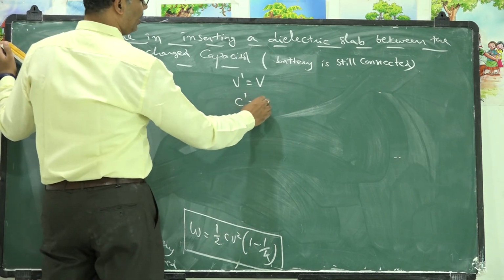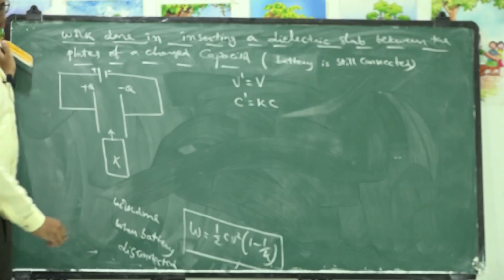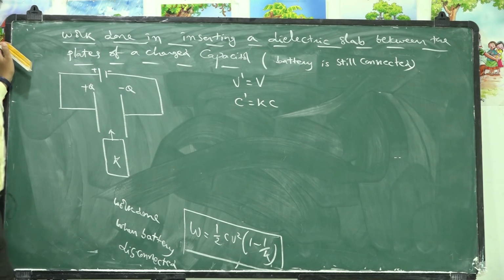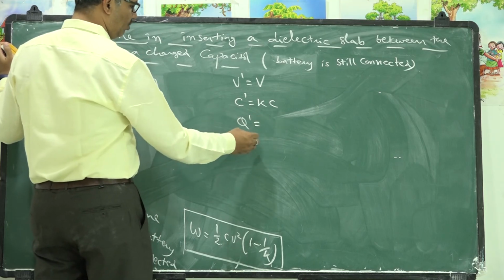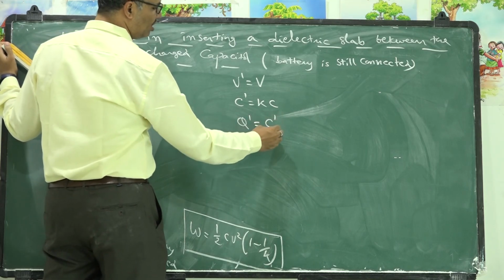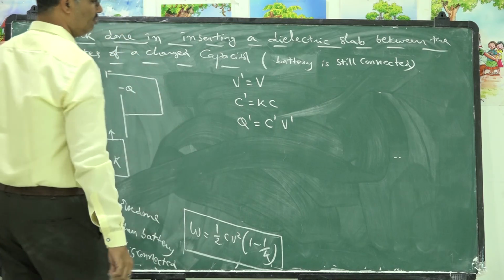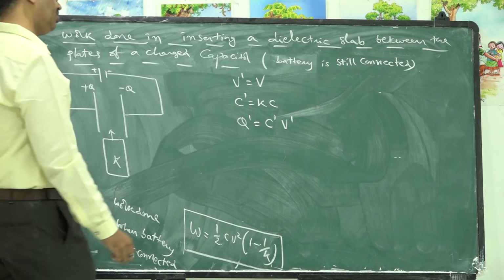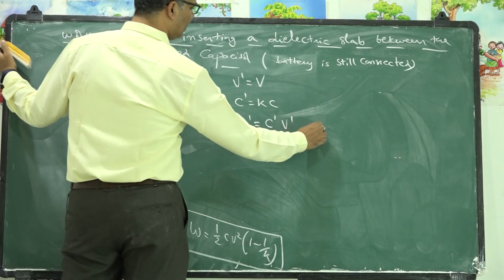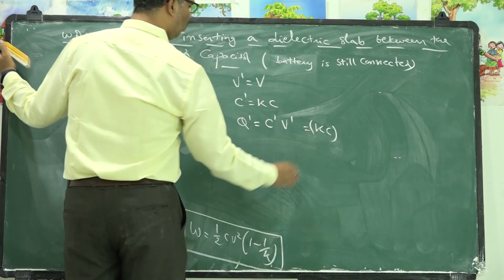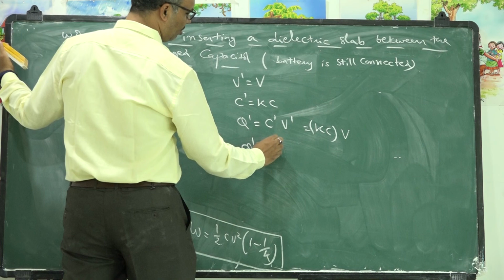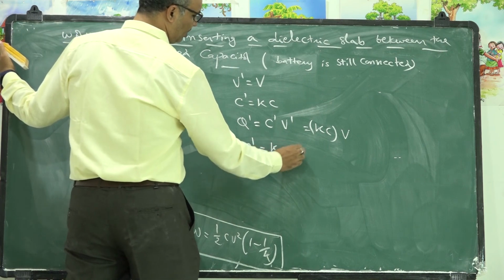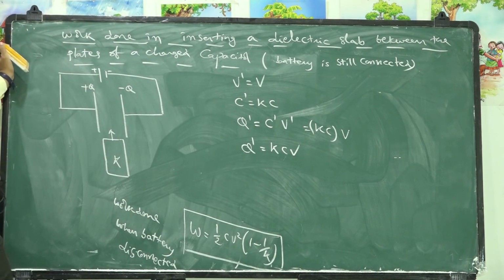Capacity becomes K times the old capacity. Charge on the capacitor is Q equal to CV, new capacity into new voltage. New capacity is KC, new voltage is nothing but the old voltage. So the charge on the capacitor becomes K times CV.